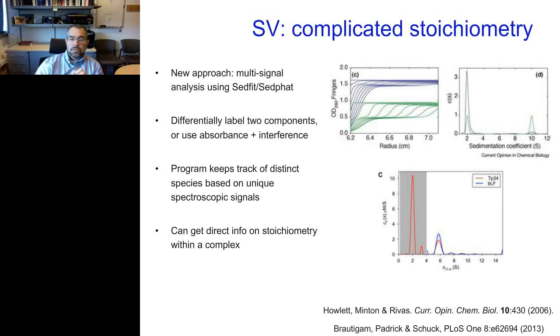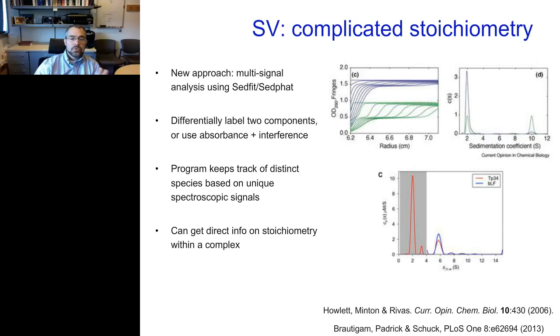In the last several slides here, there are some relatively new and really powerful ways to use the different absorbance and interference capabilities of the Beckman XLI instrument to get at complicated stoichiometry. You can do multi-signal analysis where you're looking at two different components that either absorb differentially, or one of them you follow by absorption and one you follow by interference.